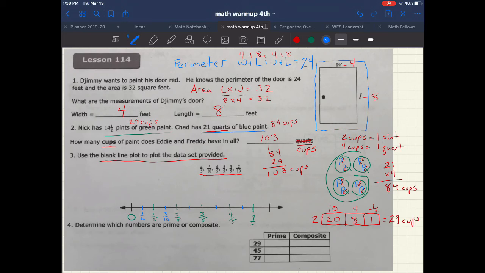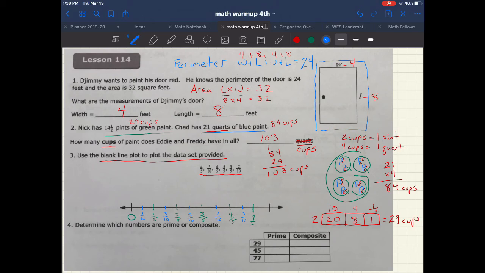This would be 3 tenths, 2 fifths, or 4 tenths. Here is 5 tenths. 3 fifths can be 6 tenths. Here is 7 tenths. 4 fifths is 8 tenths. 9 tenths. And then 1, 5 fifths, or 10 tenths.